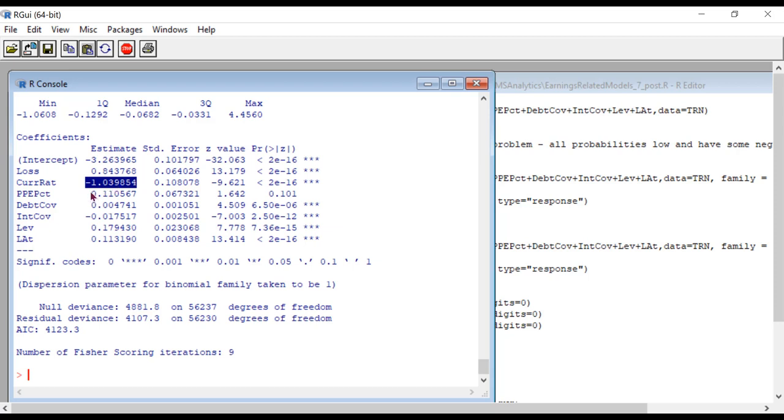If you have higher property, plant, and equipment, you're more likely to go bankrupt, although that's not really significant. So maybe we say that one doesn't matter. For the debt coverage, if you have higher cash flows relative to the amount of debt you have, you're more likely to go bankrupt. But if you have higher cash flows relative to interest expense, you're less likely to go bankrupt. Well, why do we have those two conflicting things?